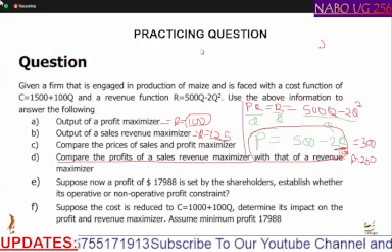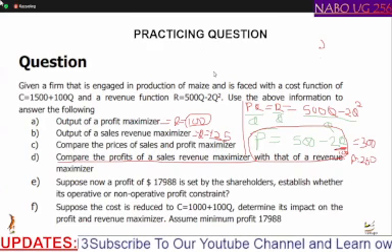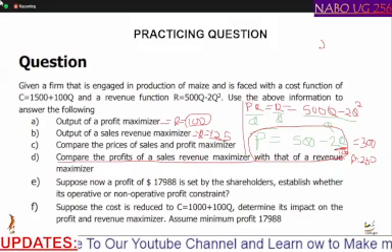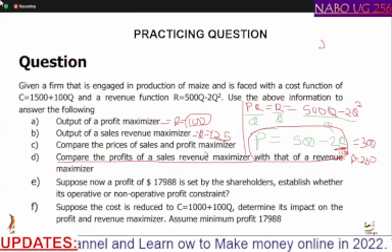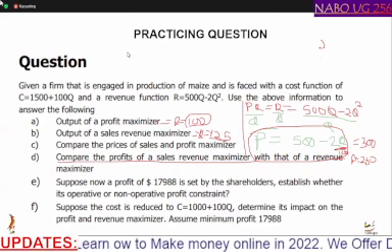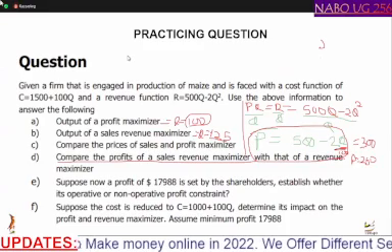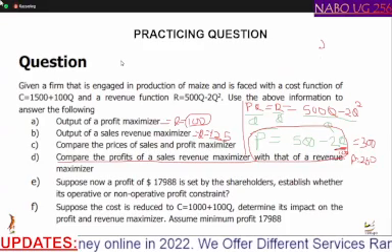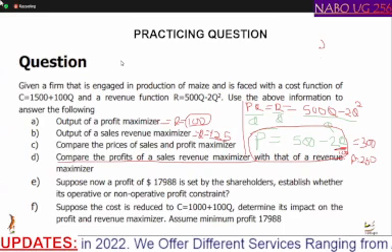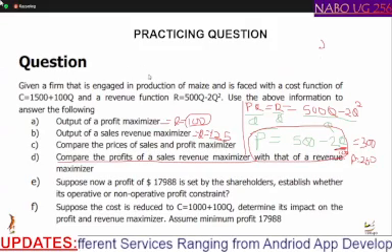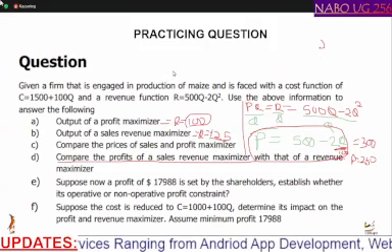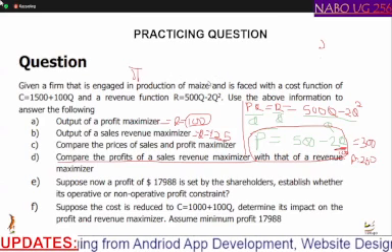Now, after getting that, compare the profit. Remember, profit is revenue minus costs.